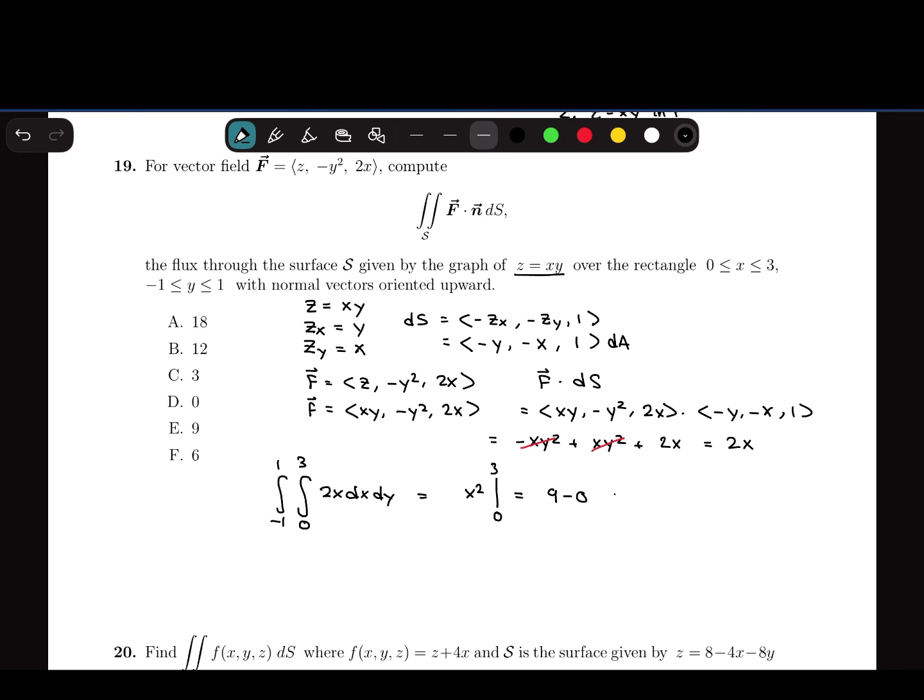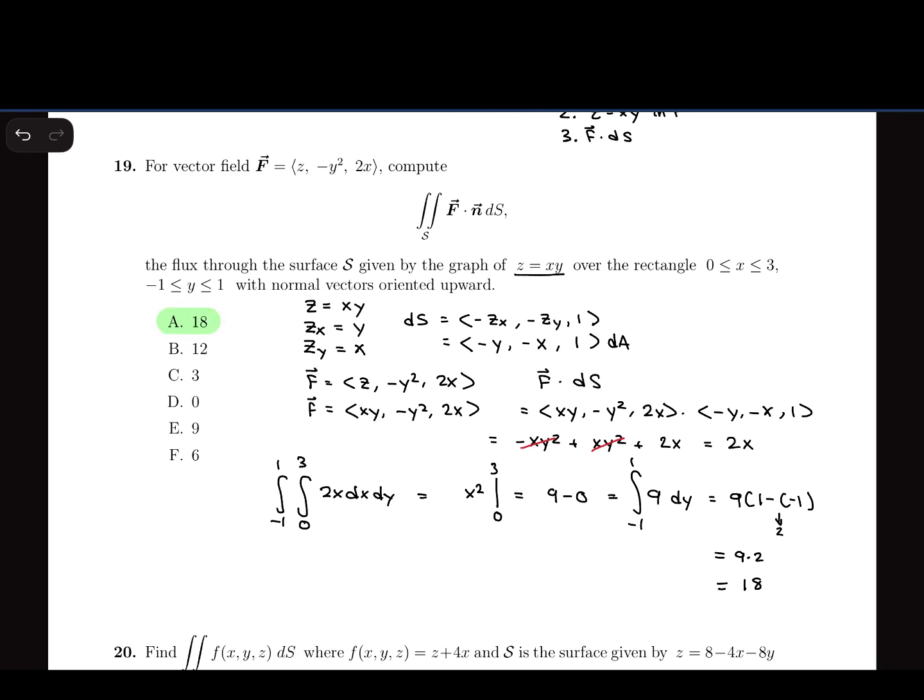And then once we evaluate 9 between -1 and 1 dy, you simply just do 9 times 1 minus -1, which is 2. So 9 times 2 gets you the answer 18, which in this case will be answer choice A. And that was question number 19.